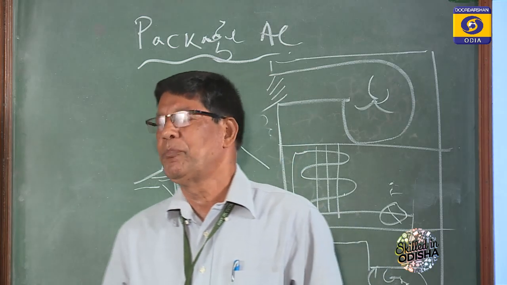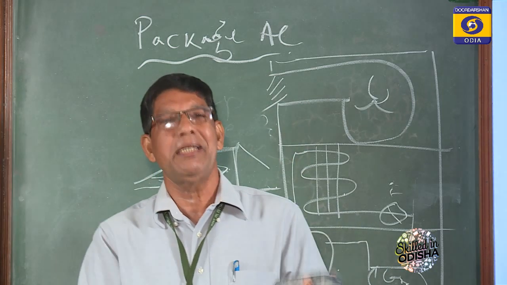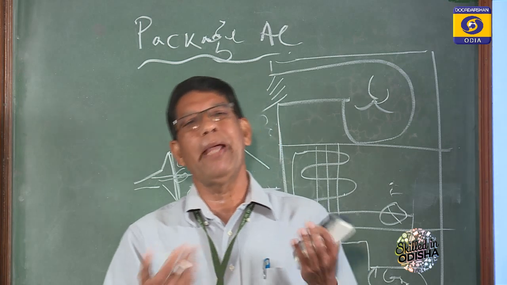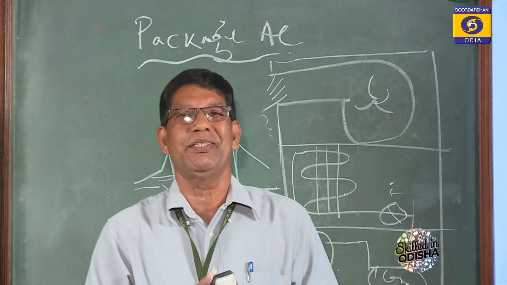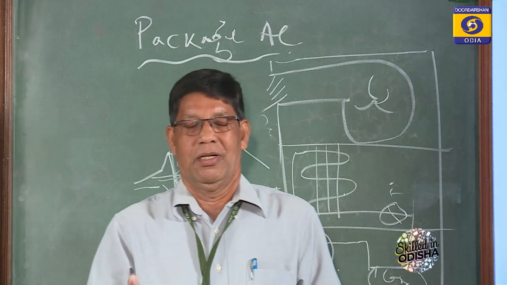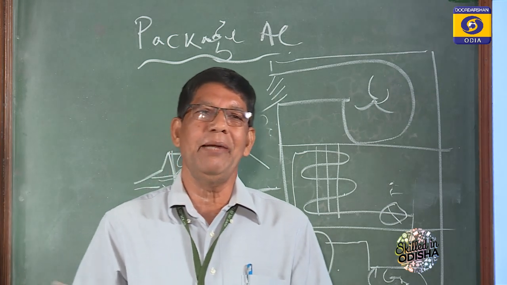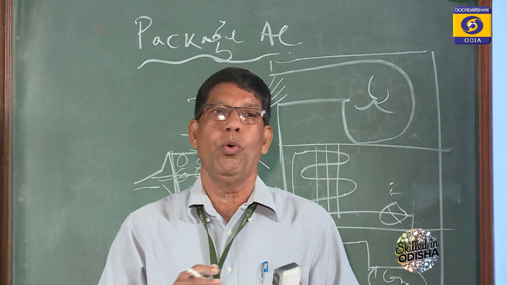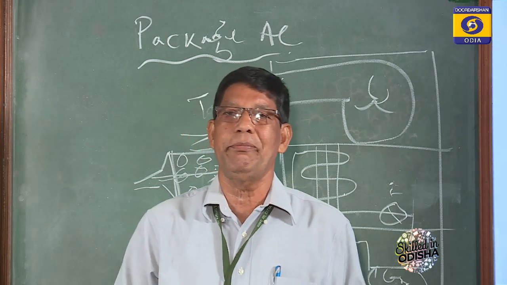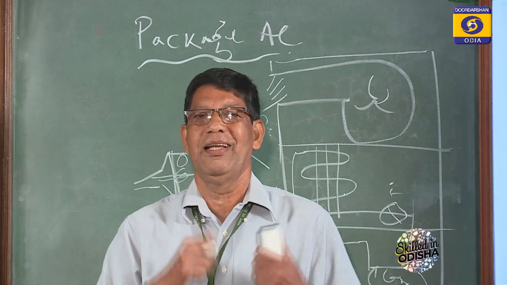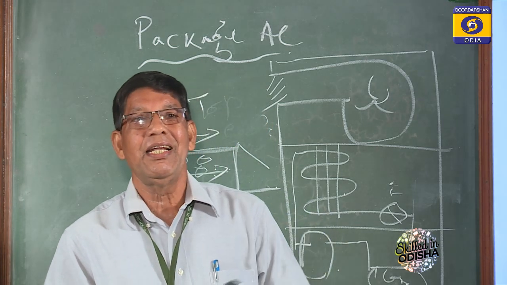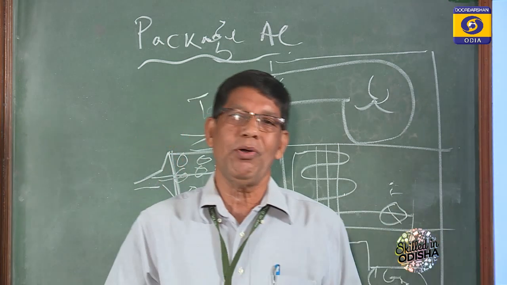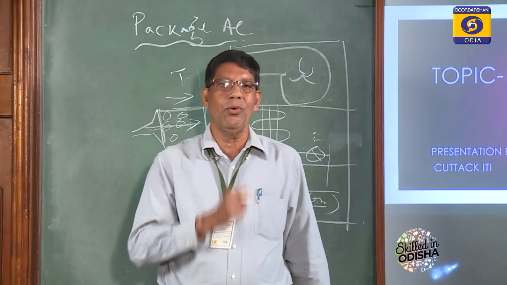When there are fewer people, suppose it is a departmental store or a bank with only 5 to 7 customers, the load is less and it will admit less refrigerant. When there are 20 to 25 customers in the bank, it will increase the flow to meet the load demand.